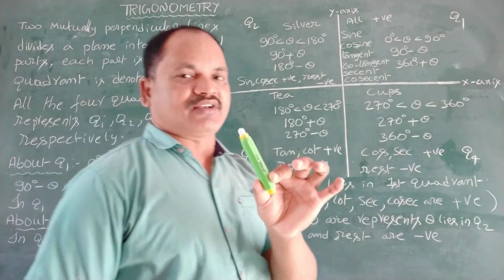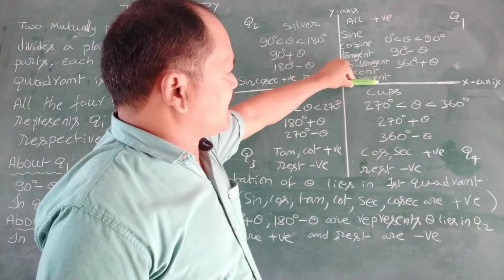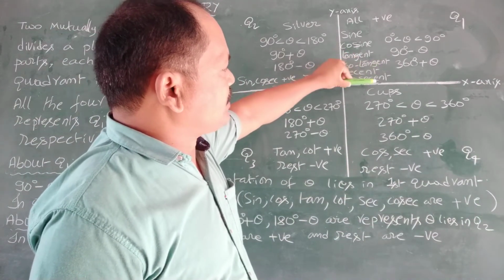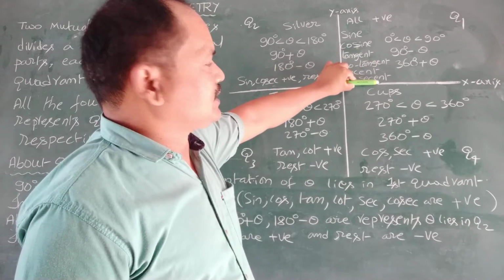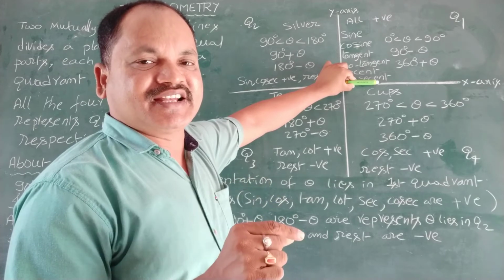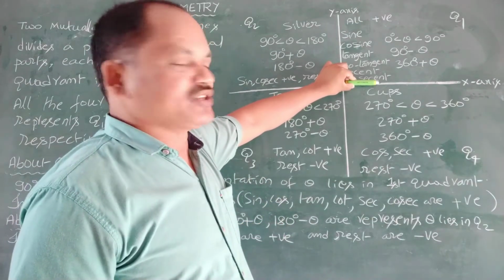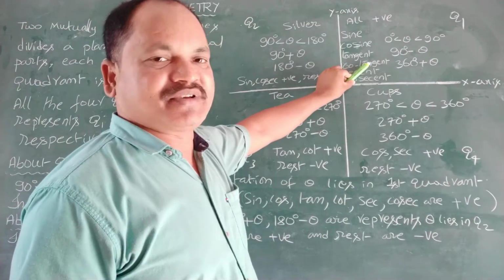Suppose we take a revolving line. This revolving line coincides with the x-axis. There is no gap between the x-axis and this revolving line. That gap is nothing but the angle, that means the inclination. So it is 0. If it moves in the anti-clockwise direction, some gap appears.